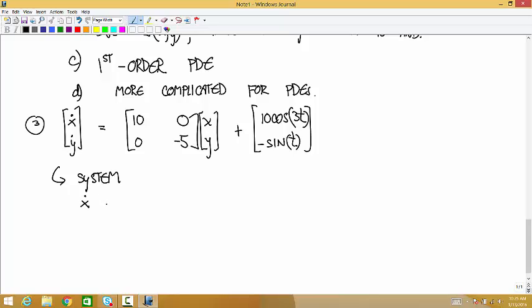The first one says x dot is equal to 10x plus 0y plus 10 times cosine of 3t. And the second equation says y dot is equal to 0x minus 5y minus sine of t.